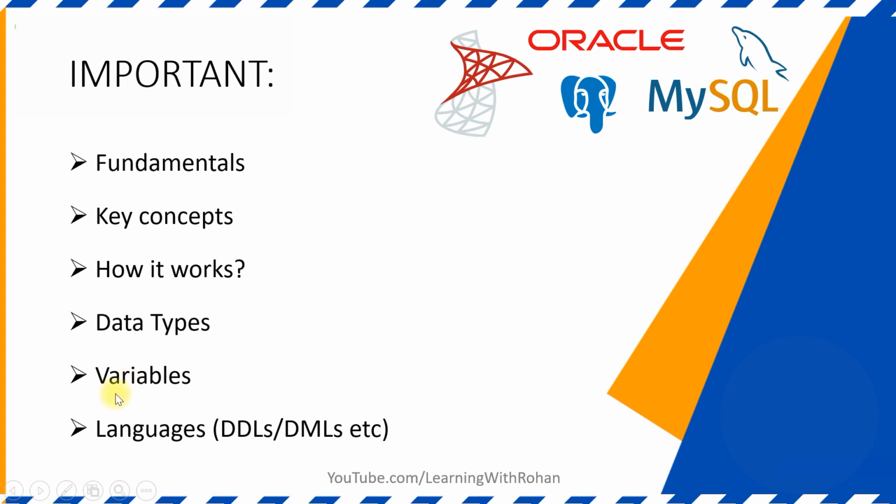We will see how variables can be used in programming, and also we will talk about some of the languages here. You might have heard the terms DDLs, DMLs, DQLs, right? We will talk about those in detail.